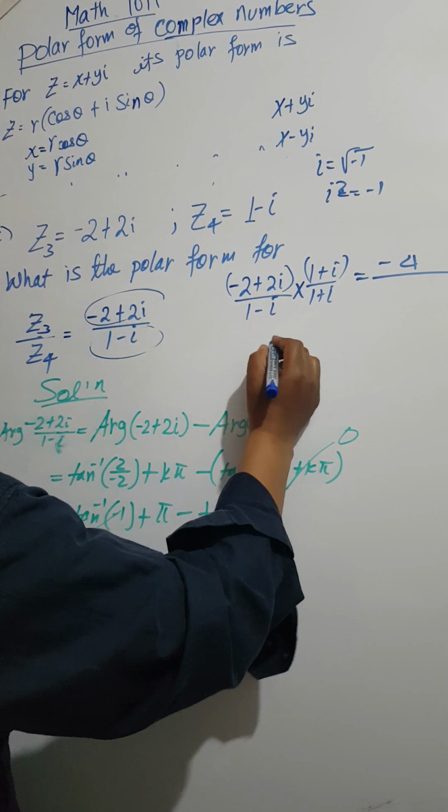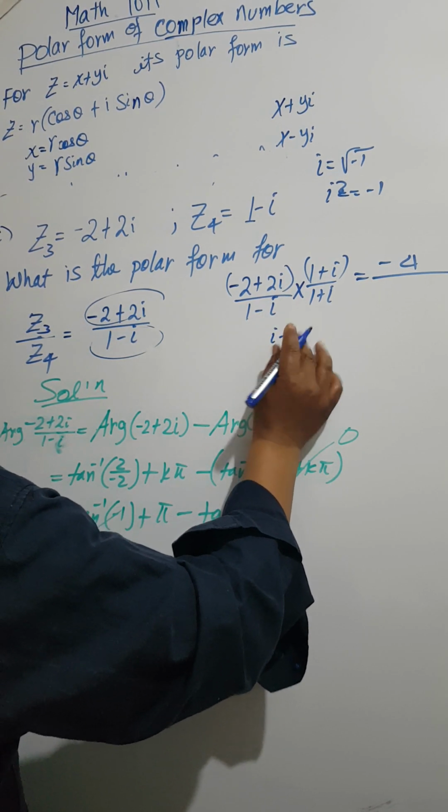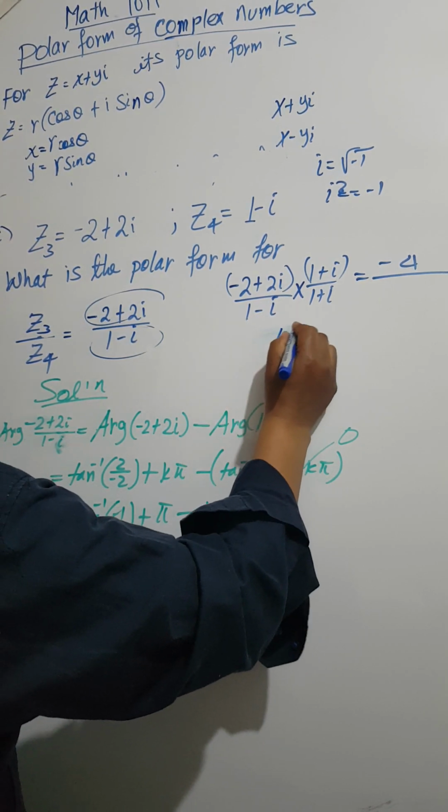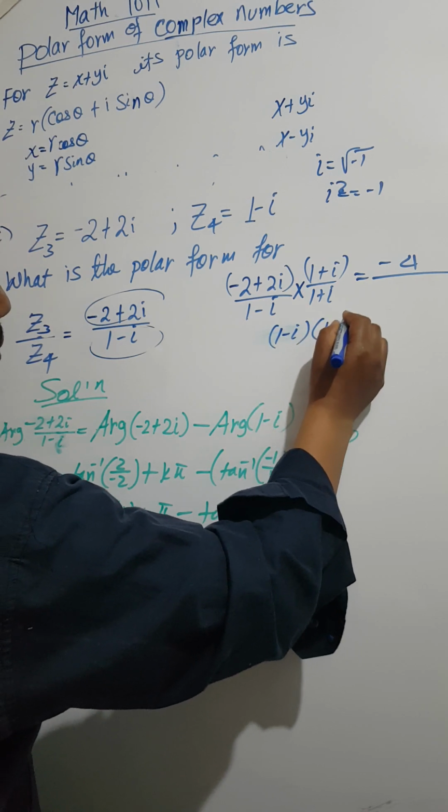The denominator is 1 minus i times 1 plus i.